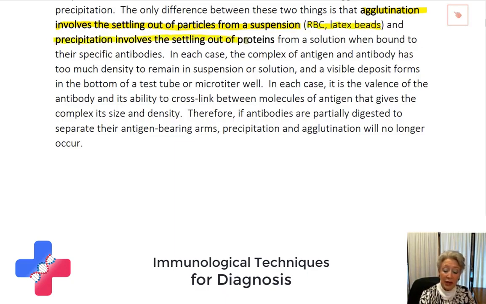Precipitation involves the settling out of proteins and making them insoluble from that liquid. So as long as you realize if it's a latex bead or a red blood cell, it would agglutinate. If it's anything else, it would precipitate. Then you don't have to worry about anything more than that because the same principles of how these processes work are universal.